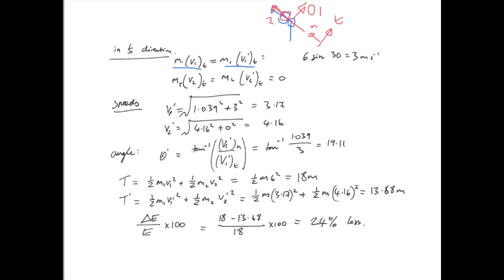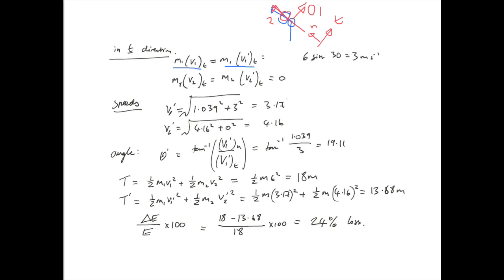So v1 dashed is, combining the velocity we found from the analysis in the normal direction, the square root of 1.039 squared plus 3 squared, which is 3.17. For v2 dashed, the exit speed of particle 2, it doesn't have any component in the tangential direction, so it's just 4.16.